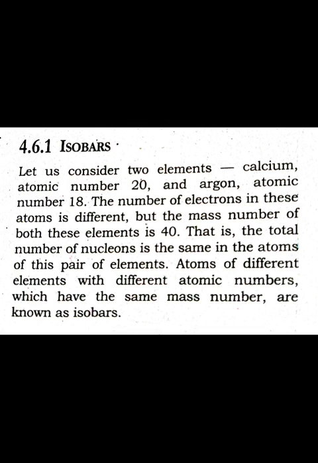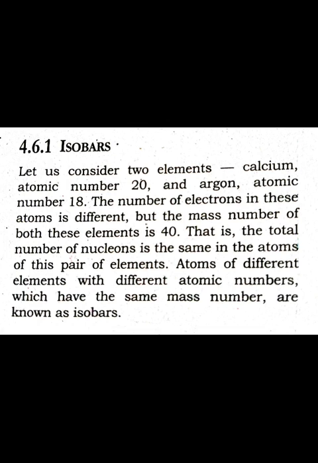From this what did you understand? There are certain elements whose atomic mass number remains the same, but atomic number is different. So they are the atoms of different elements.